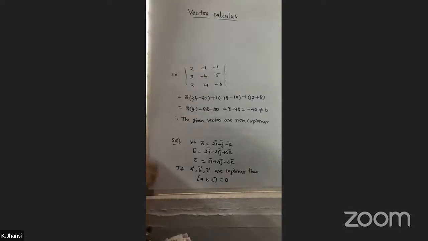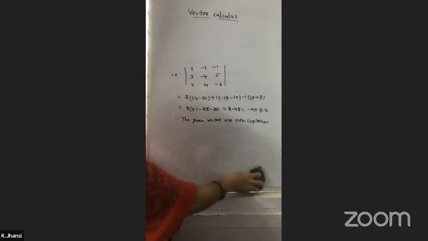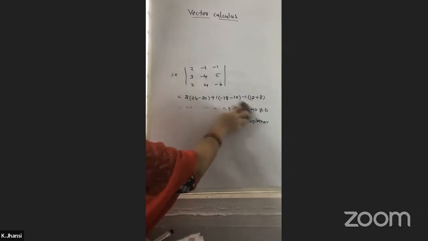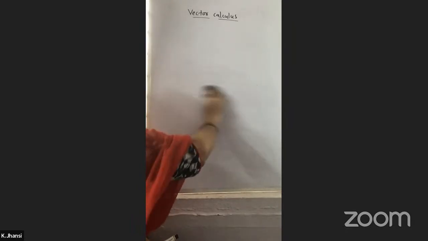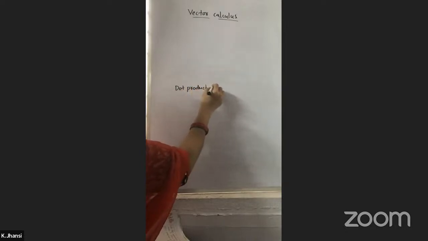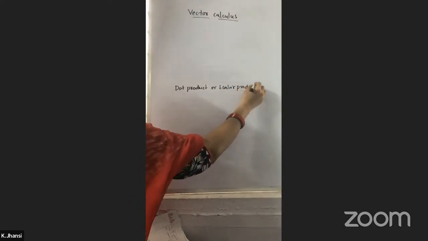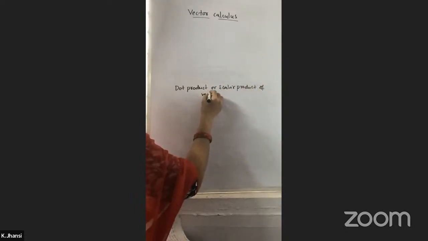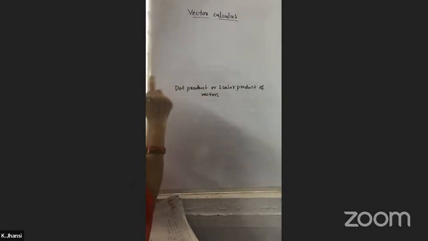Dot product or scalar product of vectors means two vectors.